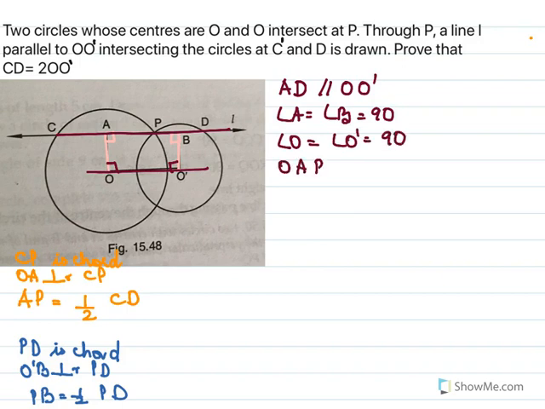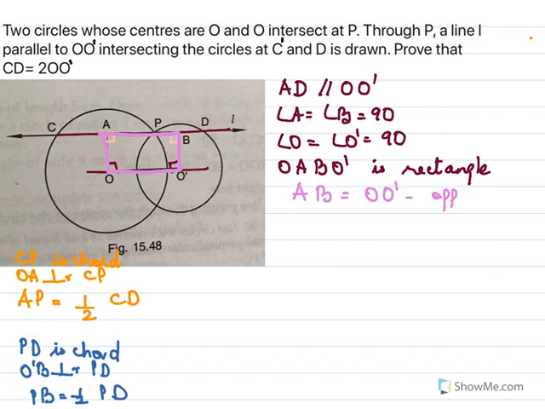So we have OABO dash as a rectangle. All the angles are 90. Now in a rectangle, opposite sides are equal. That means AB equals OO dash.